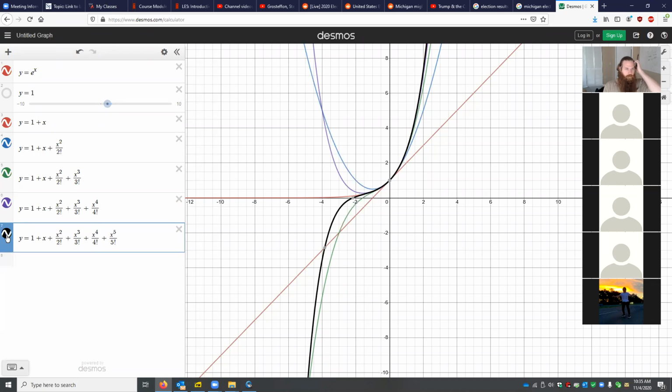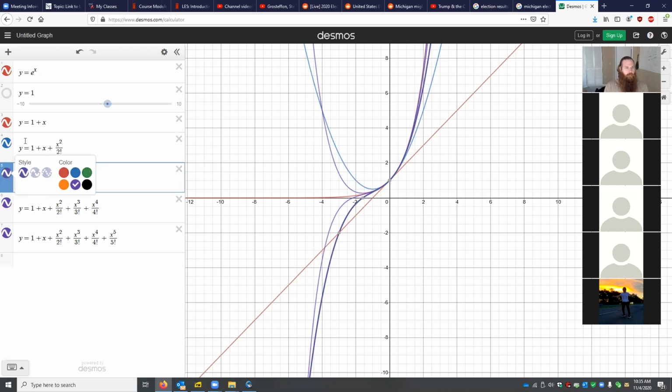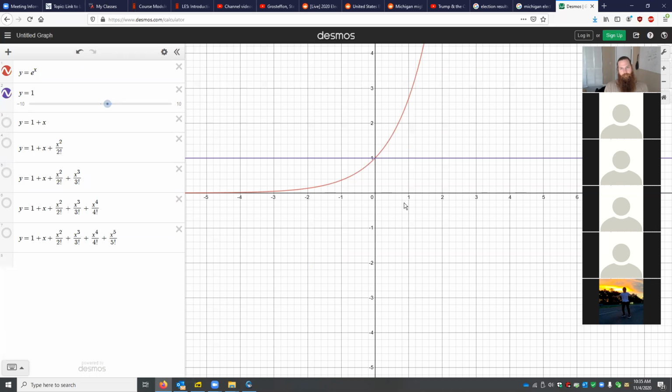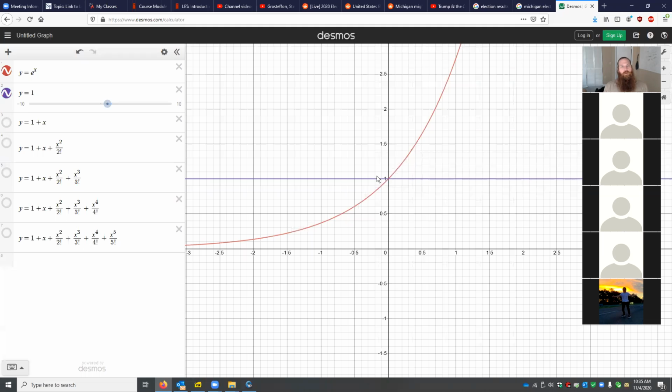You'll notice the same sort of thing happening here. I start by looking at the red function and I pick a center. Here again, x equals 0.